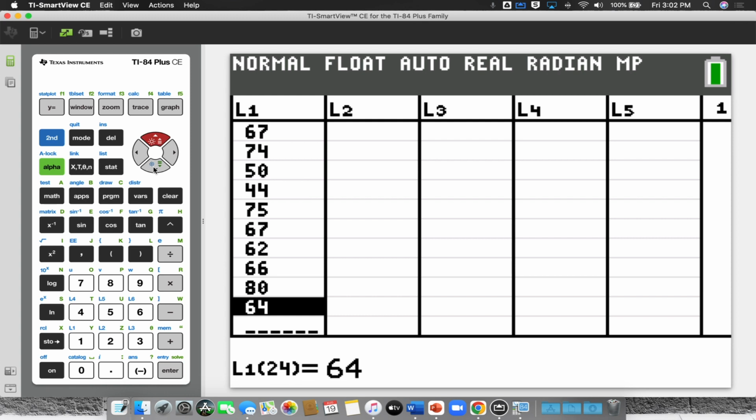So there should be 24. The last number you put in should say L1 parentheses 24.